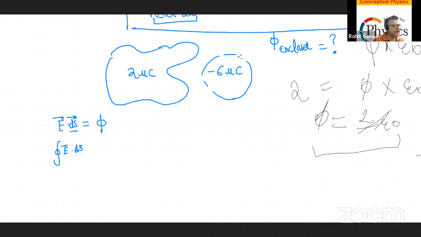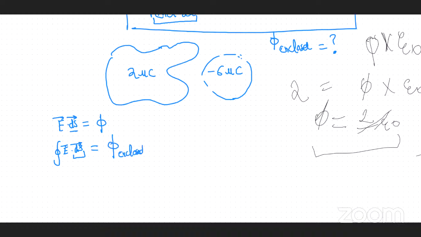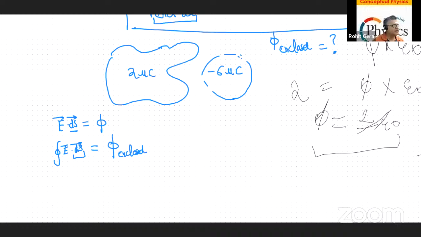The integration means adding all the small areas, then calculating flux through each one of them, and the total flux sum comes out to be phi enclosed. Then we said phi enclosed can also be written as q upon epsilon naught. We can link the flux you have calculated with the charge enclosed by the surface.